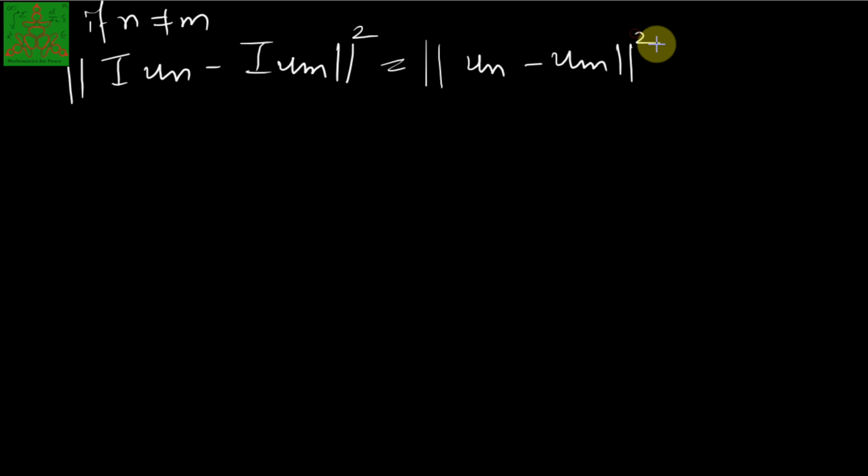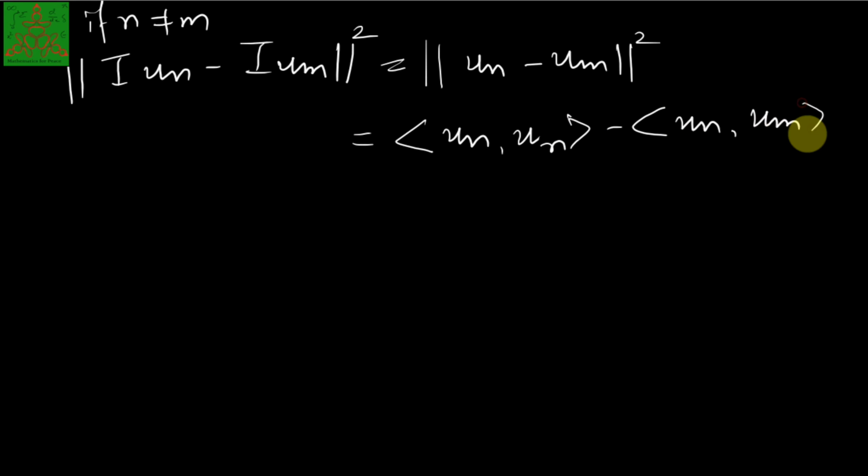I'm taking a square on both sides. By expanding this norm as an inner product, we have the inner product of un minus um, un minus um.